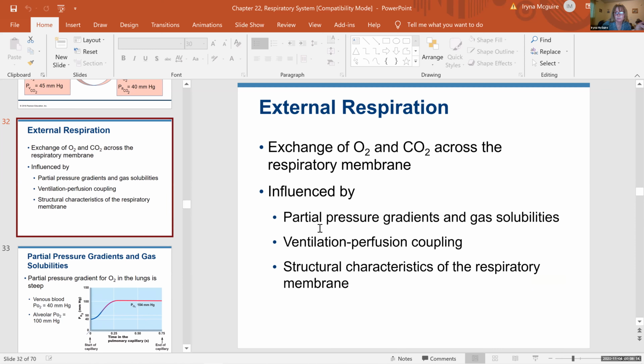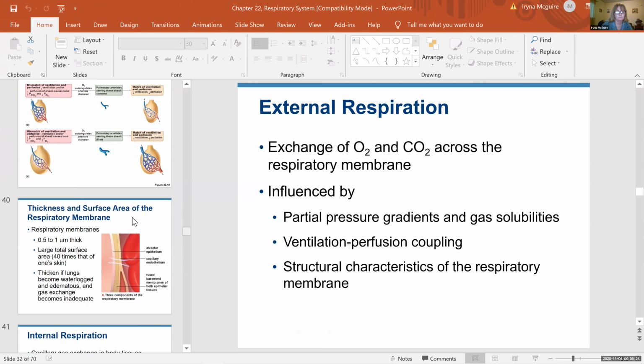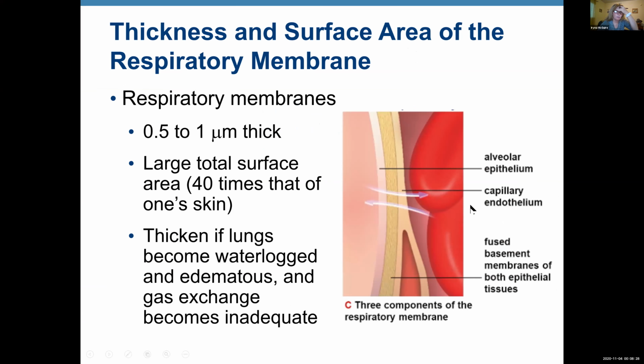And the last factor, so we said what affects external respiration is partial pressure gradient, which we described, ventilation-perfusion coupling, and structural characteristics of the respiratory membrane. That's this one. What is the respiratory membrane? It is the membrane, or structure, between the alveoli and blood.